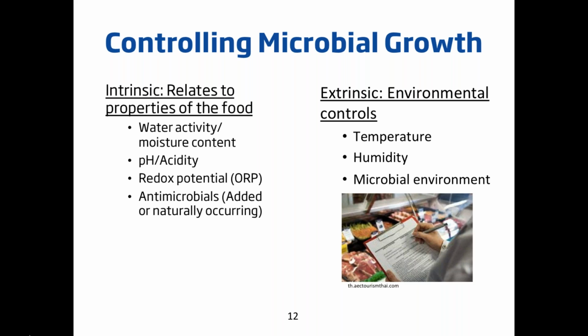For extrinsic, we're talking about environmental controls: temperature, humidity, microbial environment. Microbial growth is controlled through extrinsic and intrinsic factors, and cleaning serves to eliminate external microbial contamination of food. Intrinsic relates to the properties of the food: water activity, moisture content, pH, acidity, or antimicrobials added or naturally occurring.